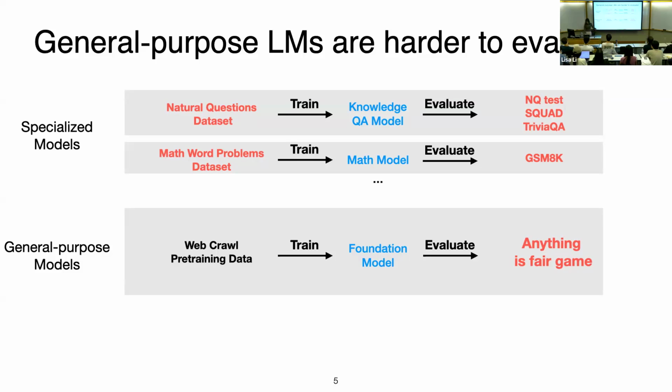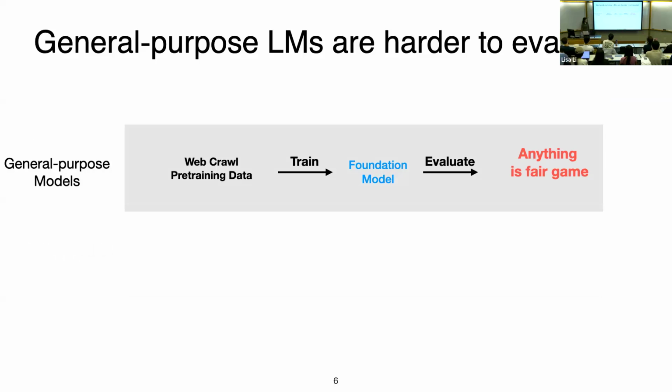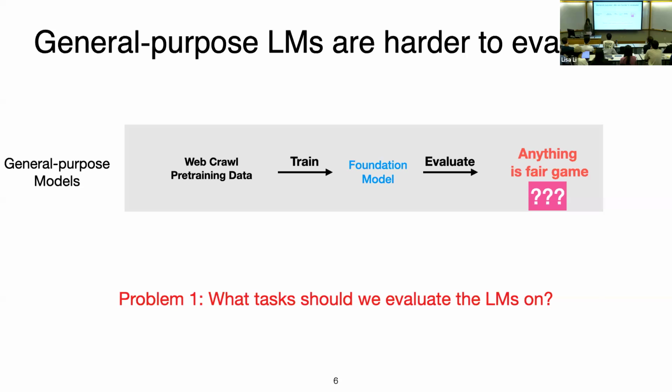As we showed before, we can evaluate the models on itinerary generation, we can evaluate it on language tutoring skill, etc. Given that anything is fair game, what tasks should we actually evaluate the language models on? More specifically, what distribution should we use to query the language models? That's the first question we'll discuss in this talk.